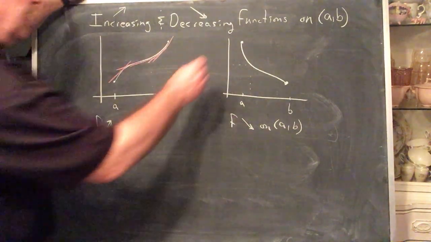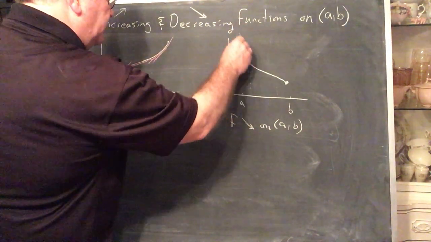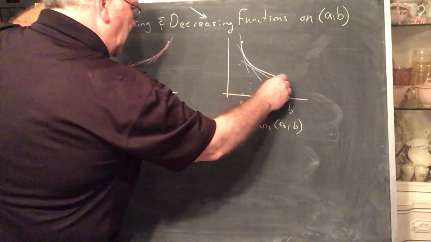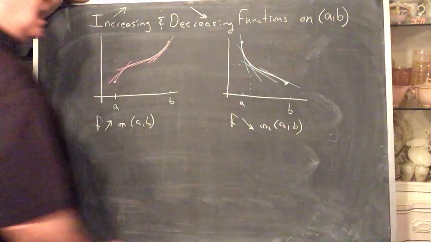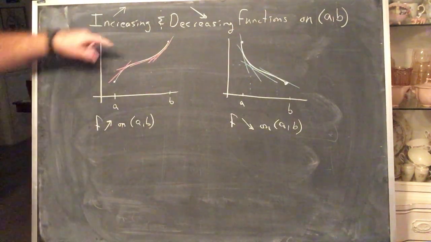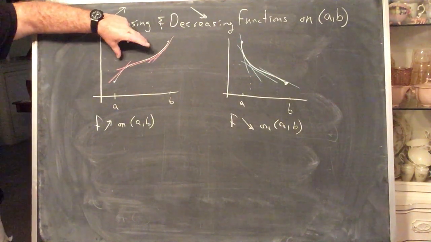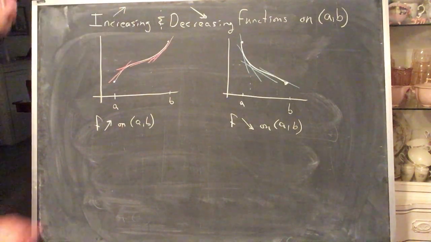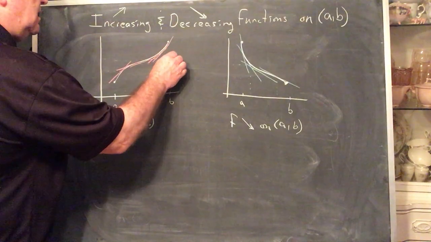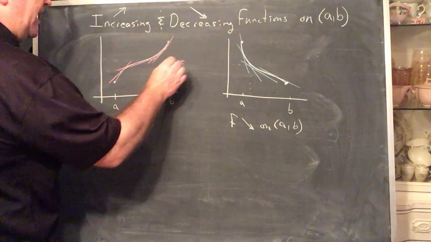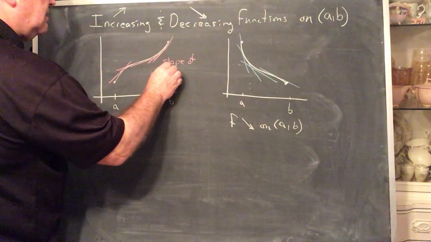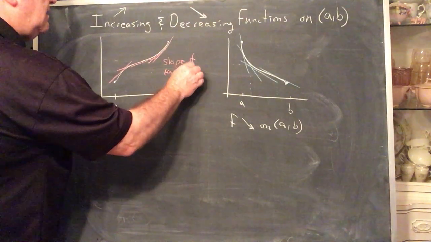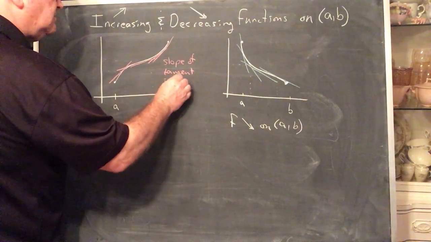And in this scenario, on the decreasing curve, all those tangent lines have something in common. In this case, is it clear that all of these tangent lines have positive slope? The slope of the tangent line is positive.